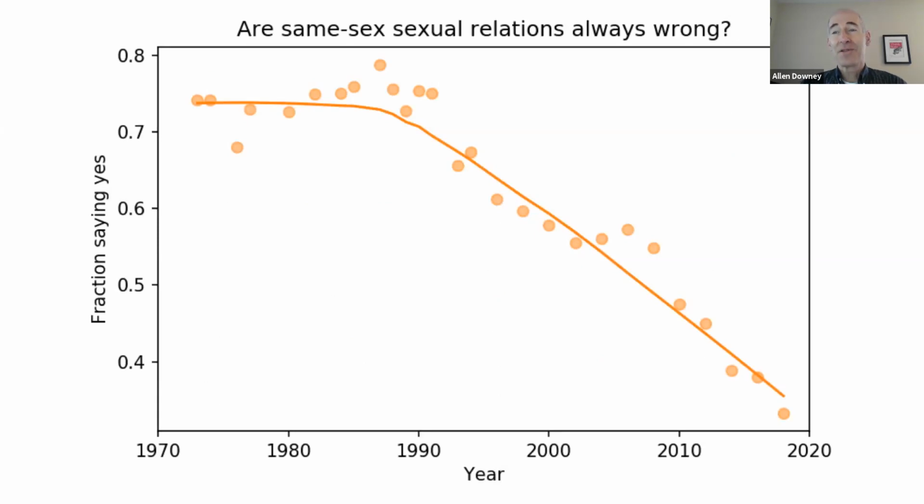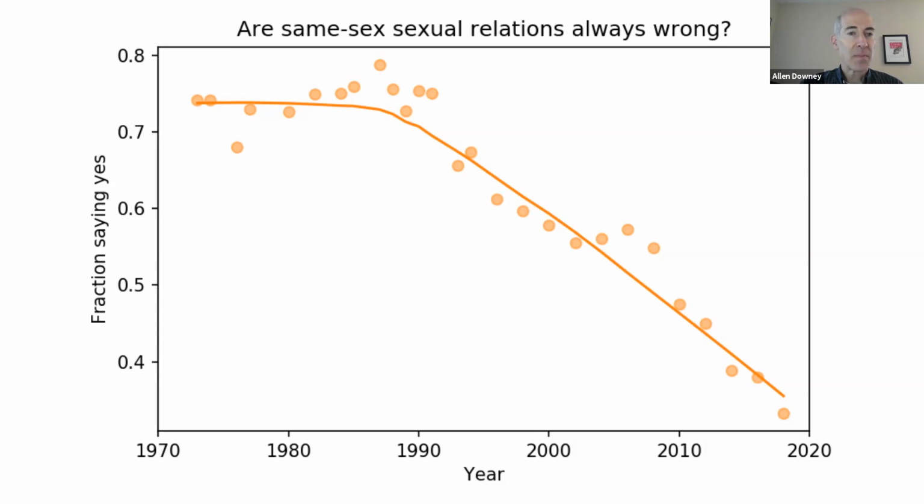Now that has changed, as you are probably aware, and this graph plots those changes. So for each year when the question was asked, I computed the fraction of respondents who gave the response that same-sex sexual relations are always wrong. The circles here plot the actual proportions from year to year, and the line is a smooth local regression curve through the data.